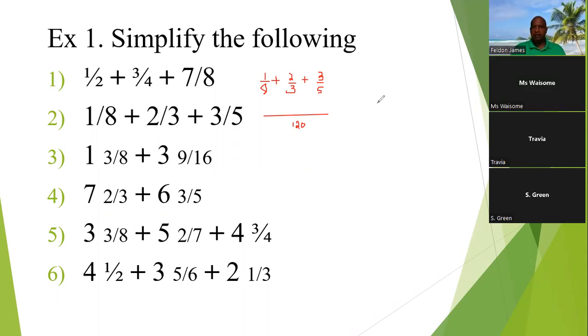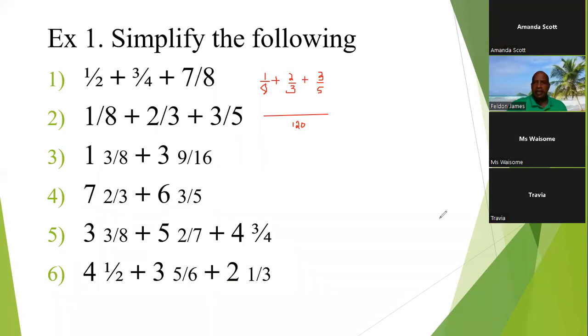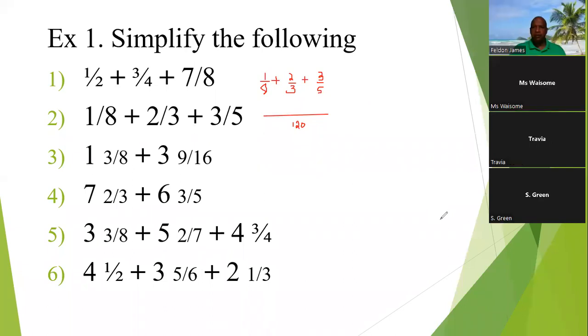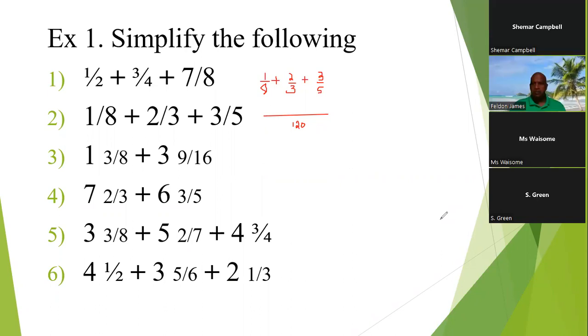Those who got it so far. All right, let me see the answer of those who found it difficult to find the LCM of 8, 3, and 5. I did, sir.